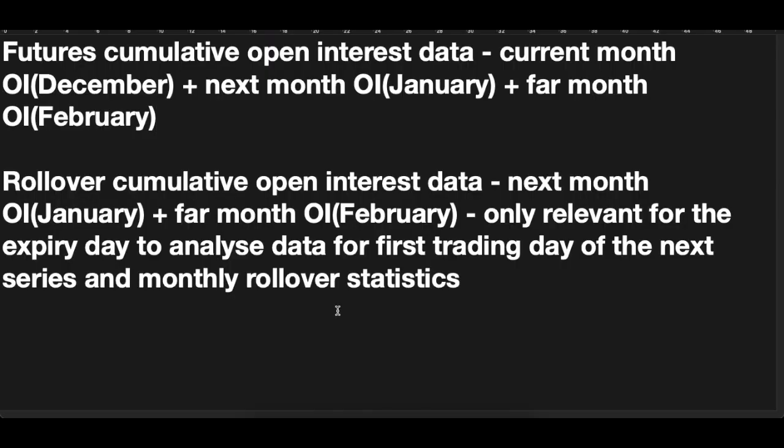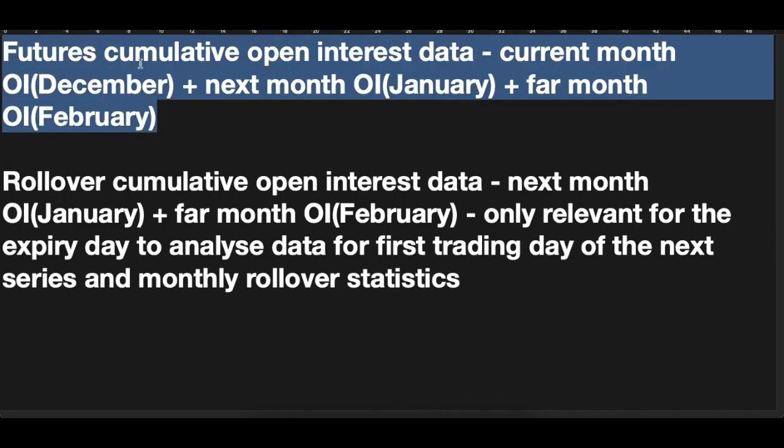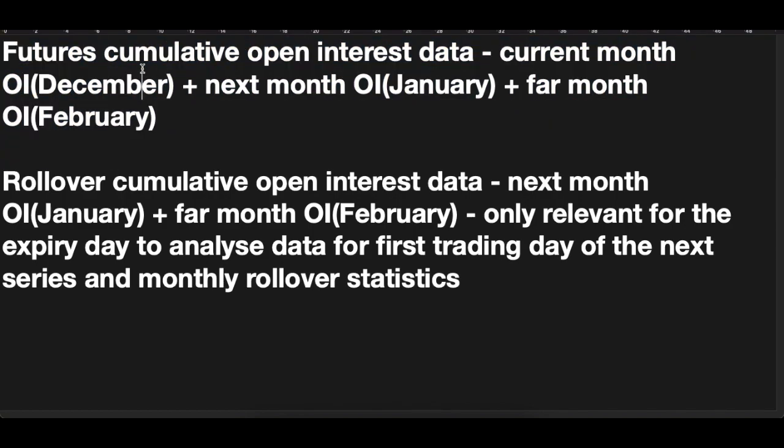To recap the discussion, futures cumulative open interest data is calculated by summing up the open interest of the current month. That is, suppose we are in the December expiry, so current month expiry plus next month expiry OI plus far month expiry OI, that is January and February, right? This is how we calculate the futures cumulative open interest, which we show in our dashboard.